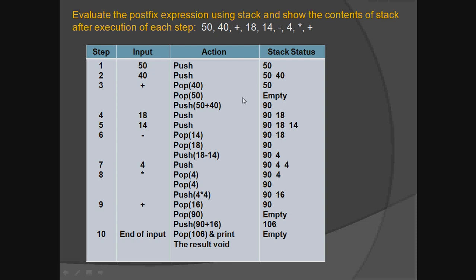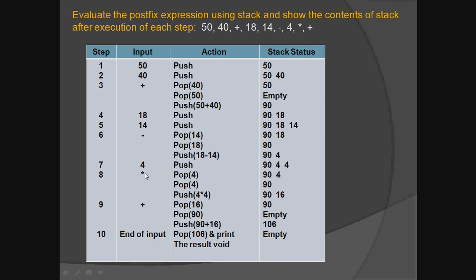Then after that we have the next value, that is 4. So 4 is pushed into the stack, so now we have the values 90, 4 and 4. After that we have the star symbol, that is the multiplication symbol, asterisk. Now when this is compared, 4 will be popped out, so now we have 90 and 4.